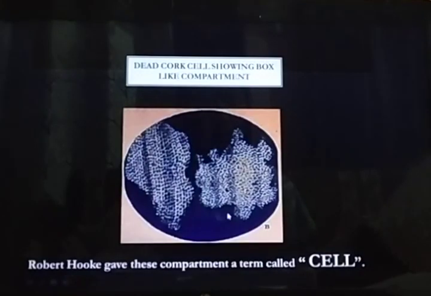So when Robert Hooke saw these empty spaces, he called them cells. The meaning of cell is taken from that. You would have heard that the rooms in a jail are also called cells, right? So cell is taken from there. So Robert Hooke gave the term cell.